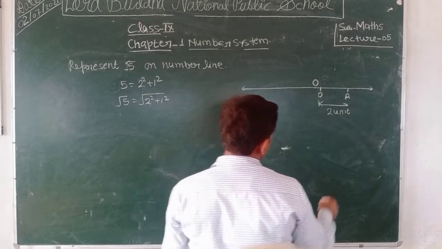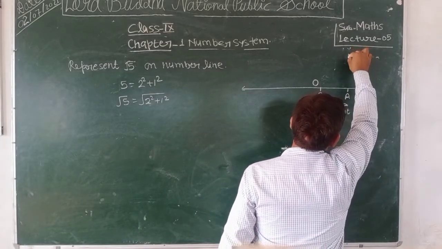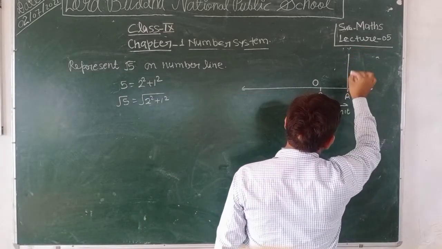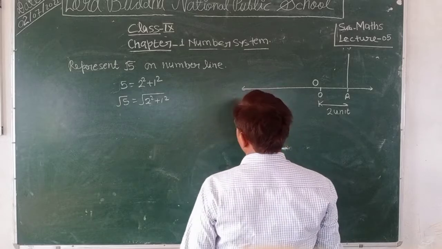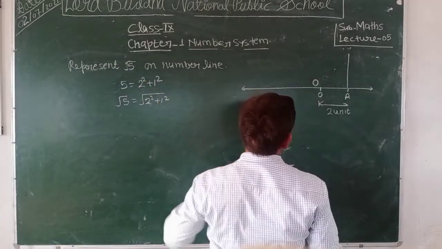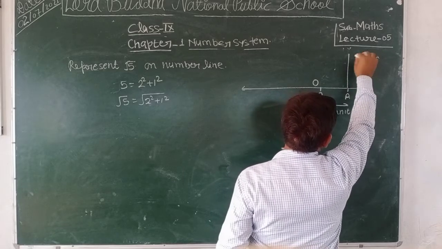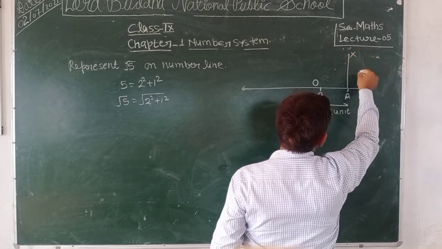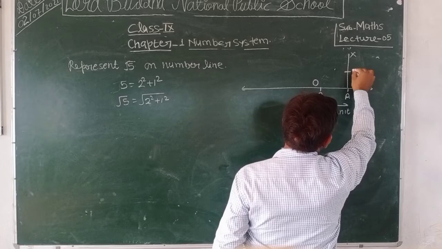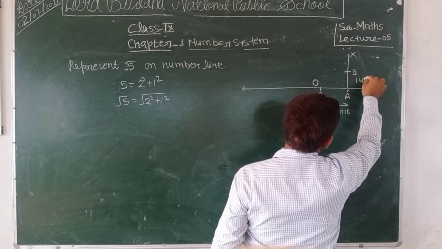After that, draw a perpendicular and take 1 unit length on this perpendicular line AX. Suppose that AB is 1 unit.